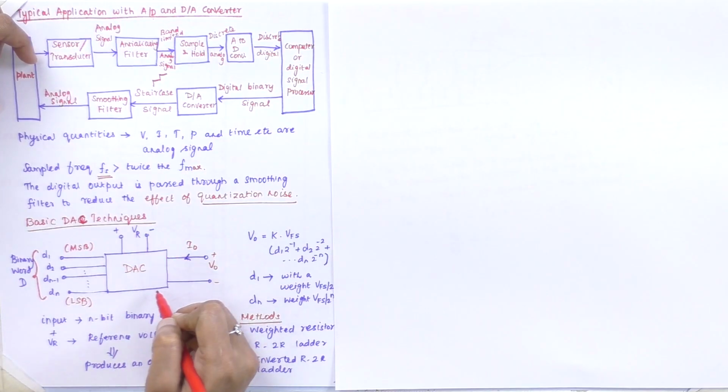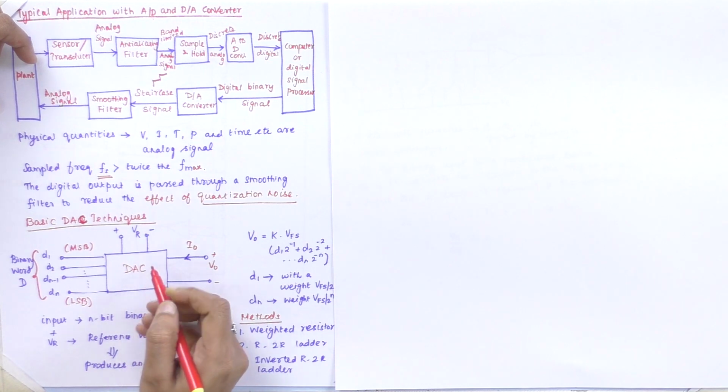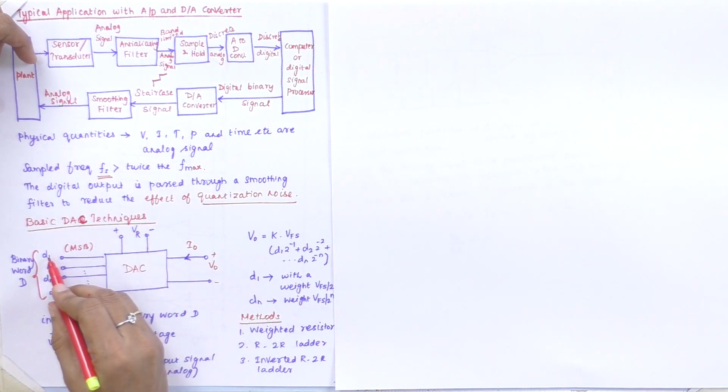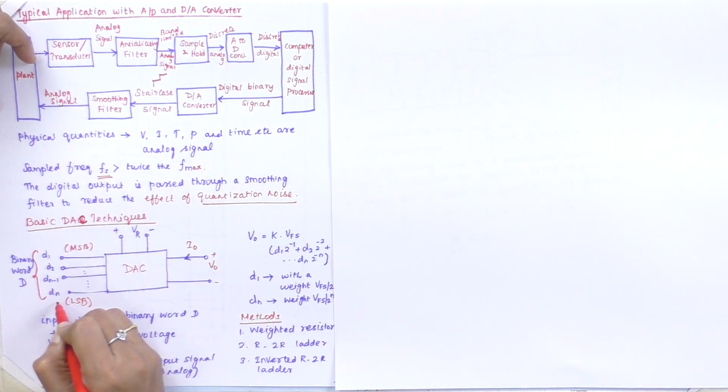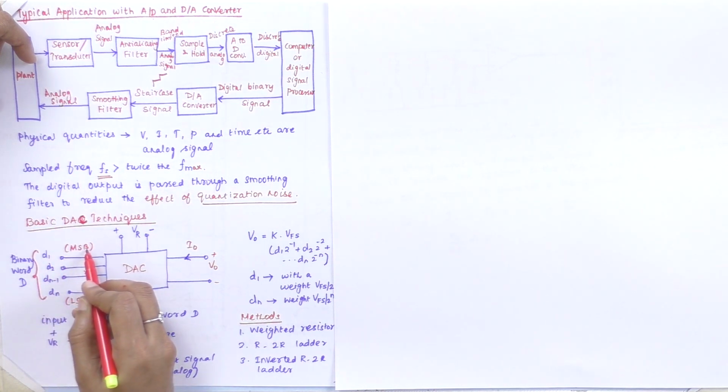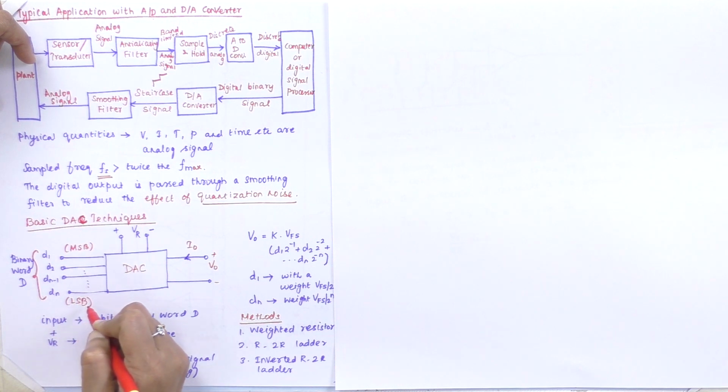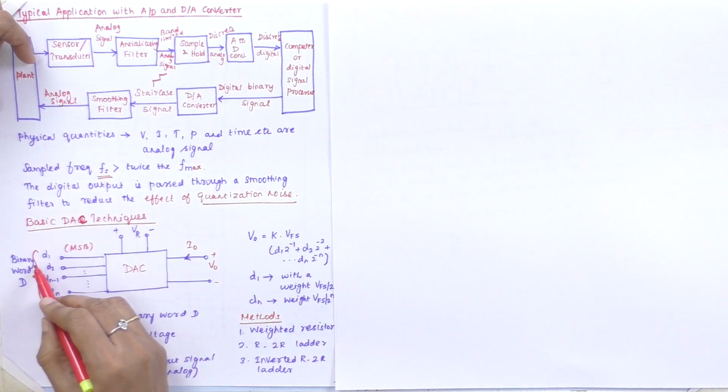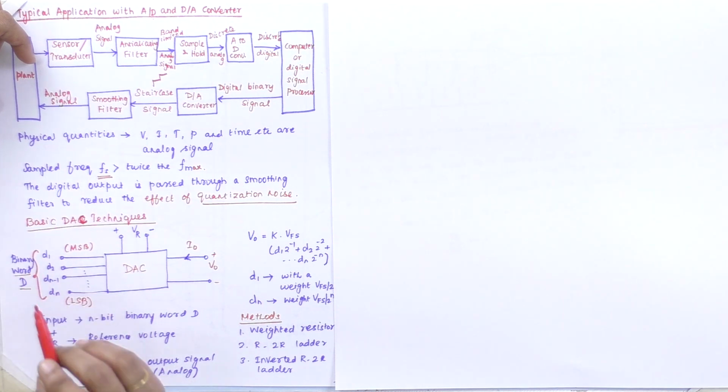We have the inputs like D1, D2 up to Dn, where D1 is the most significant bit and Dn is the least significant bit. This is considered in general as a binary word D.